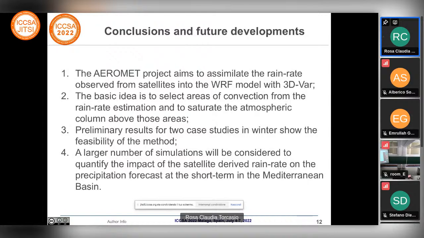We show the preliminary results for 2 case studies in winter, and these results show the feasibility of the method. Of course, we'll need a larger number of simulations to be considered to quantify the impact of the satellite-derived rain rates on the precipitation forecast at the short term in the Mediterranean basin. Thank you.